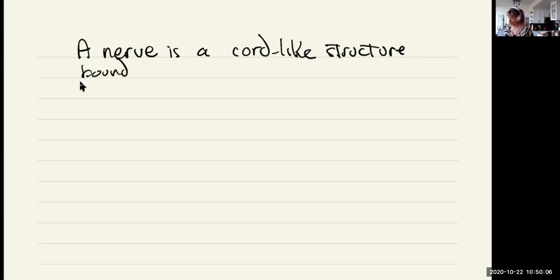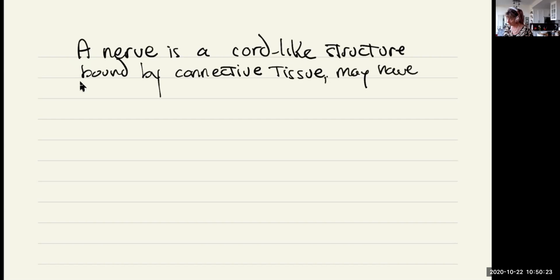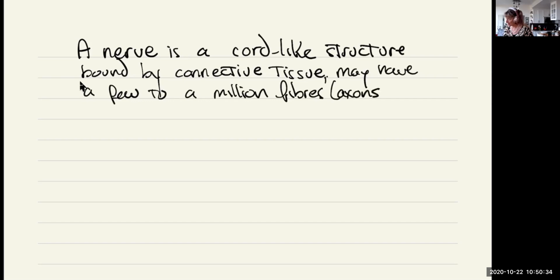Bound by connective tissue. It may just have a few fibers. It may have a million. I'm going to use fibers, and that is the axons of the neurons themselves.